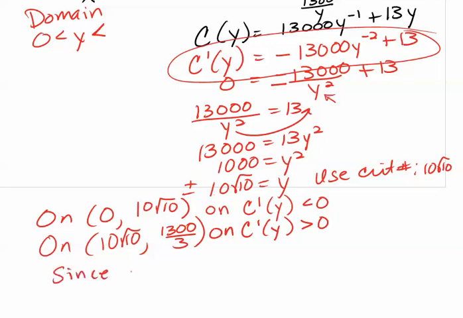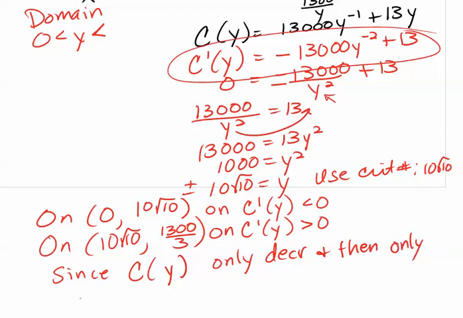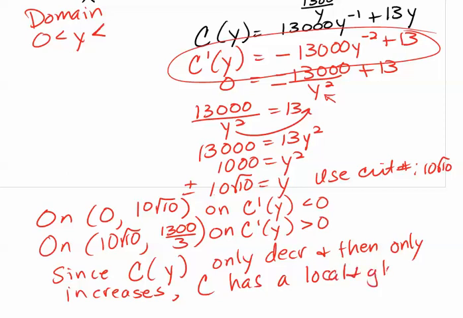So since C of xy only, well, and I guess I'm just using y at this point, doesn't make much difference, only decreases and then only increases, C has a local and a global minimum.